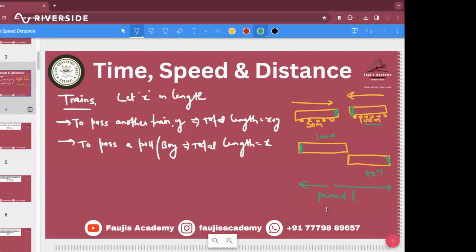Have they passed each other? So if they come into this orientation, how much distance will they have to travel? Essentially, it's this distance. And how much is that distance? Harishri, you participate in this question and then I leave you for the rest of the class. How much is that?